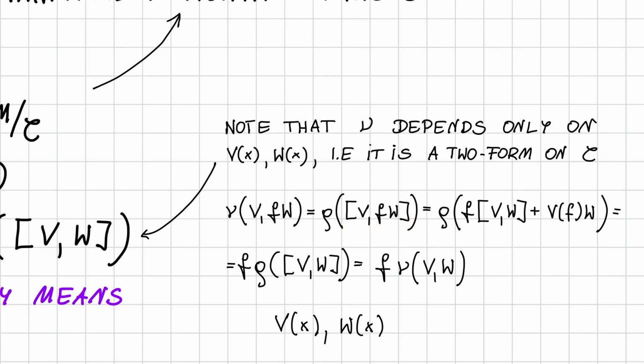I know that the bracket is a differential operation, therefore it obeys the Leibniz rule, which is written here. So I have to multiply the bracket by a function, and I also have to act with one of the vector fields on the function and multiply the second function. This part here depends on the differentials of the function.